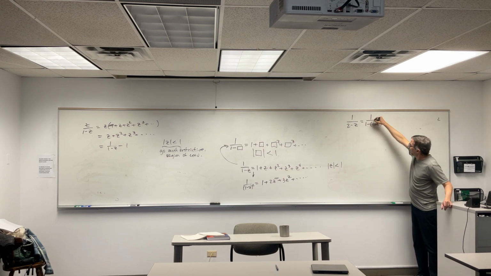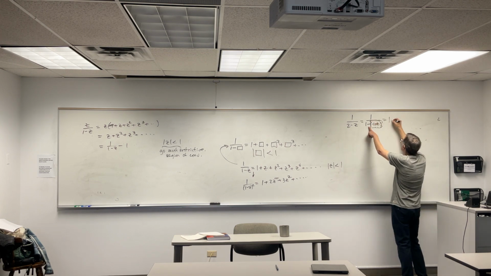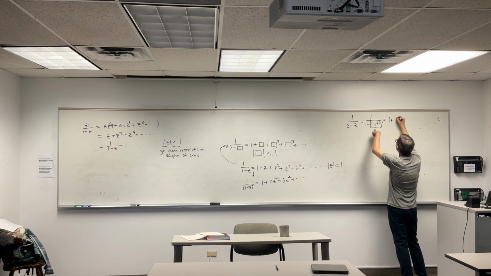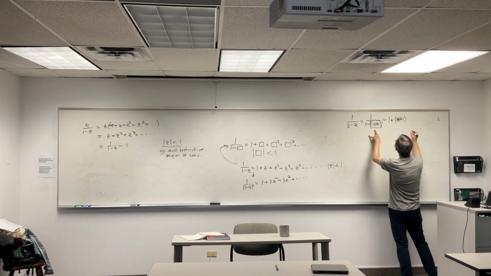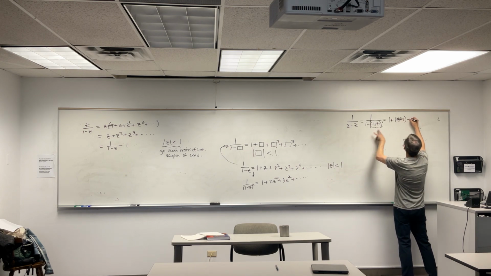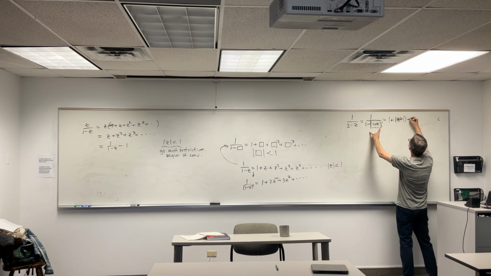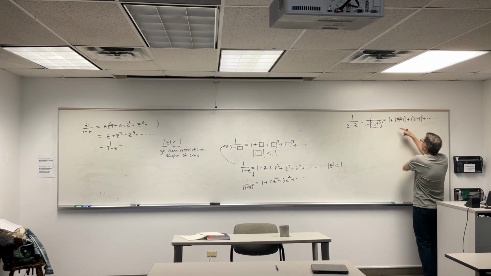So this is the thing in the box. So that means this is 1 plus minus z minus 1, plus z minus 1 squared, plus blah, blah, blah. Where's this series centered?